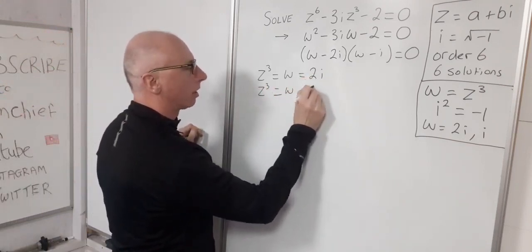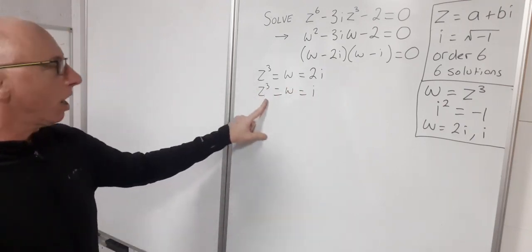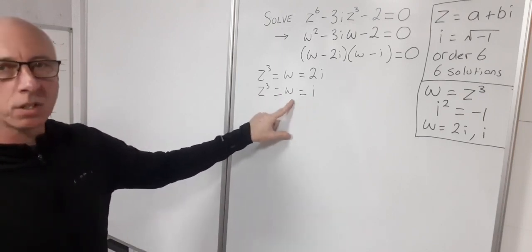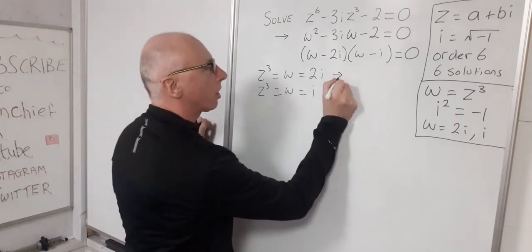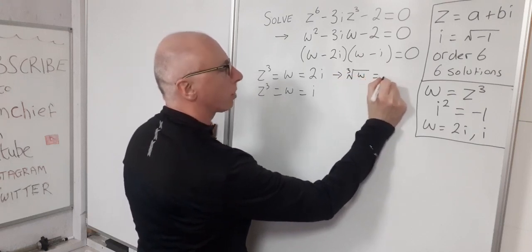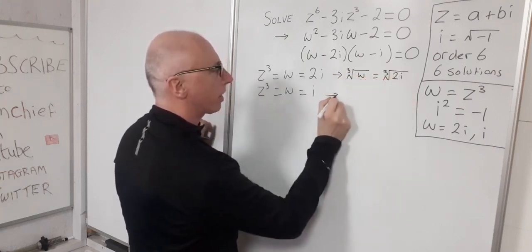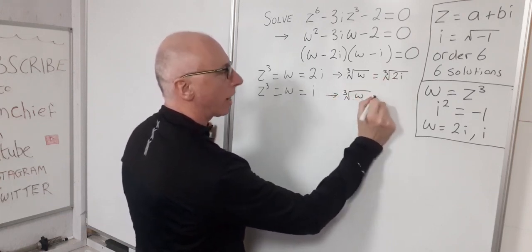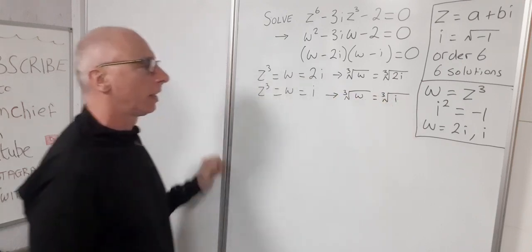So now, for z on its own, I need to take the cube root of these two, and same here, to get z on its own. So if we just put that there now, cube root of w equals cube root of 2i, and same for this one, cube root of w here equals cube root of i.